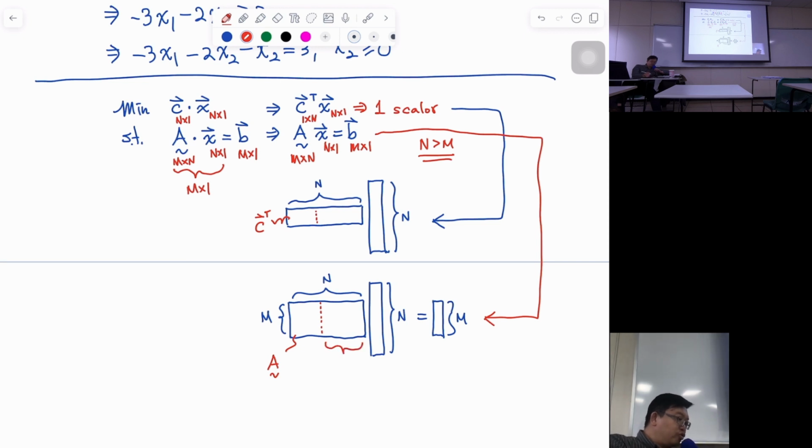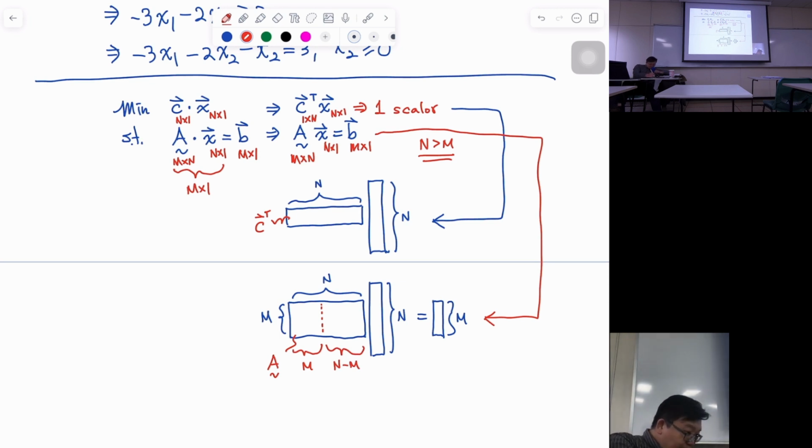Let me make it nicer, more accurate. Okay, I'm gonna pick up this area, keeping the width of m. So over here, this is n minus m.